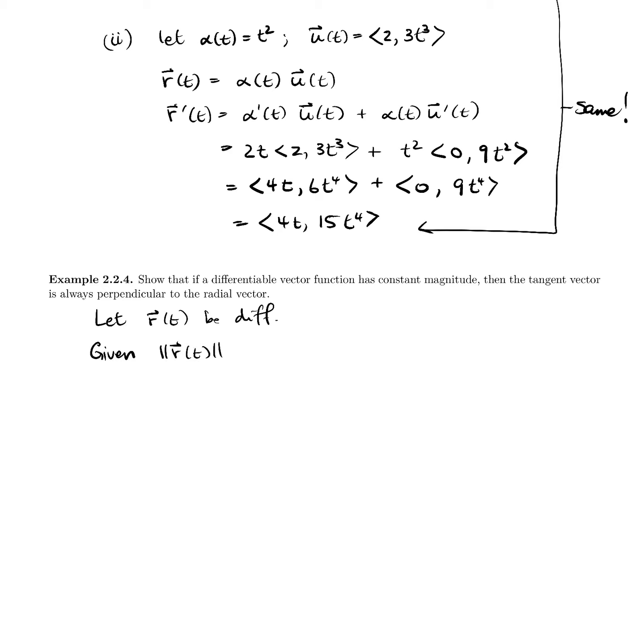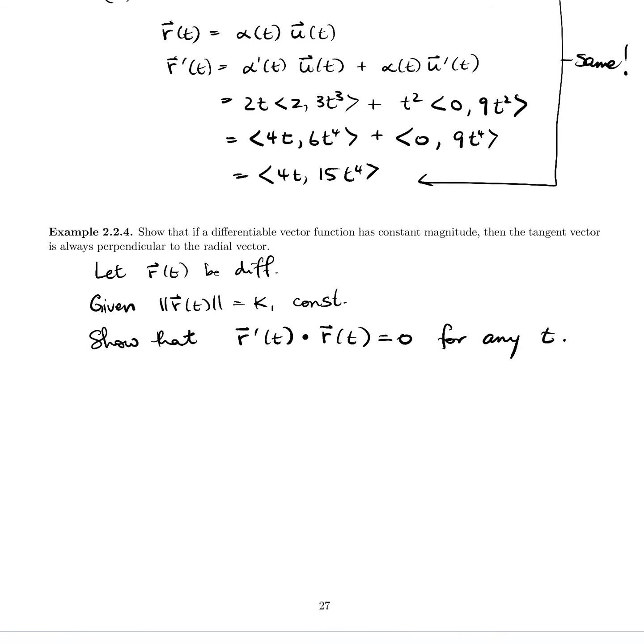What we want to show is that the tangent vector, which is r prime of t, is perpendicular. So dotted with the radial vector, dotted with r of t, is equal to 0 for any t.